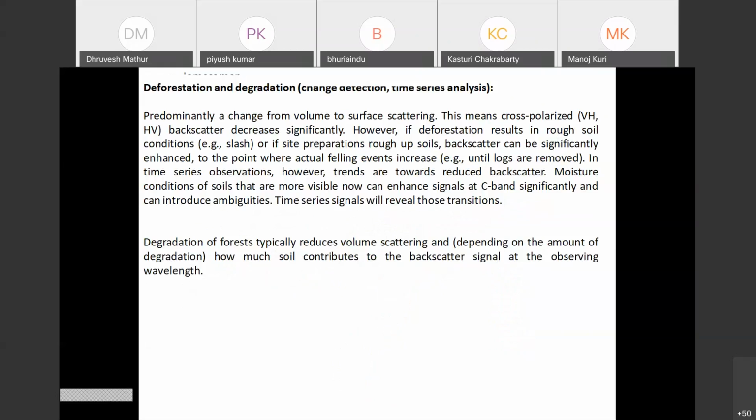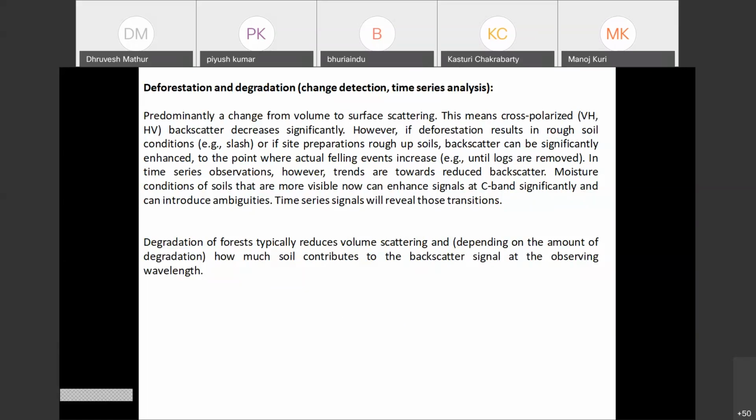So the next application using SAR is deforestation and degradation study. As I have told, the cross-polarized VH and HV are the volume scattering components.